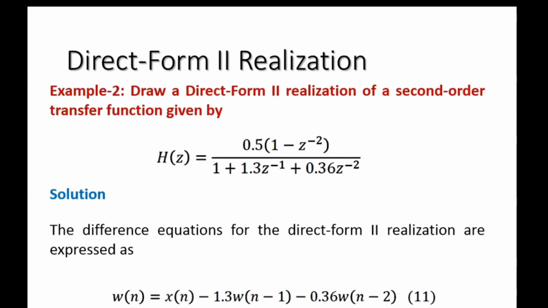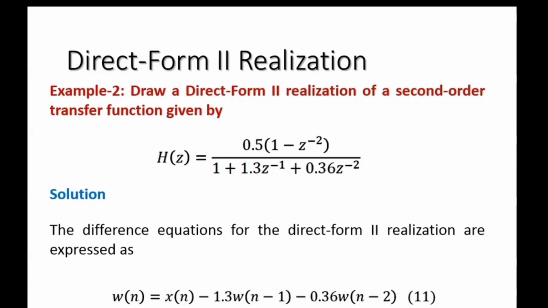So let us come to a problem. Draw a direct form 2 realization of the second order transfer function given by H of z is equal to 0.5 into 1 minus z power minus 2, divided by 1 plus 1.3 z power minus 1 plus 0.36 z power minus 2.